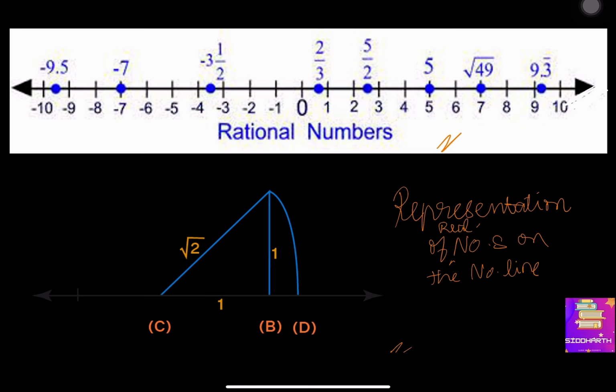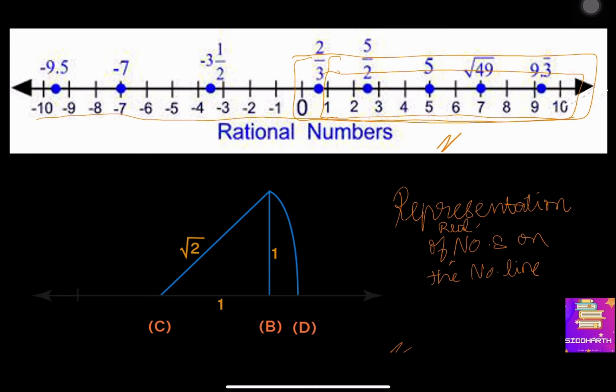So from here it is natural numbers. From here it is whole numbers, and together it is integers. This is also a rational number. You can see between two integers you have rational numbers, and yes, you have irrational numbers also. This is an irrational number.